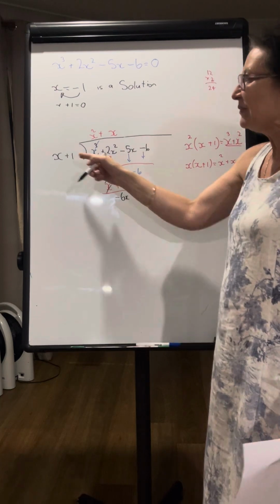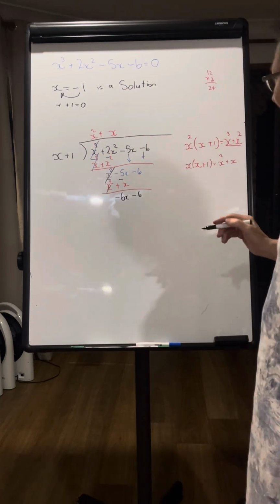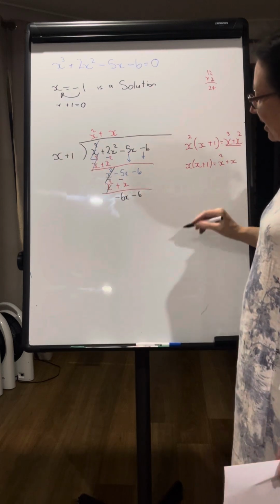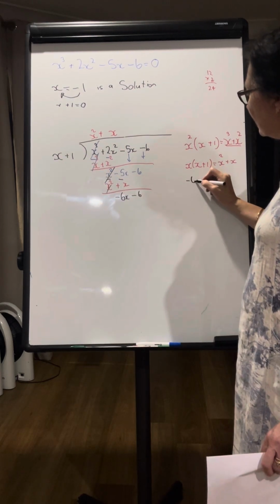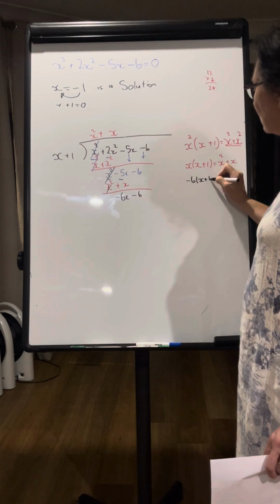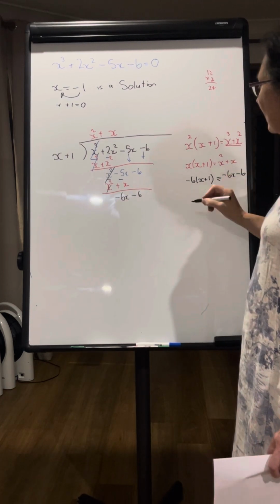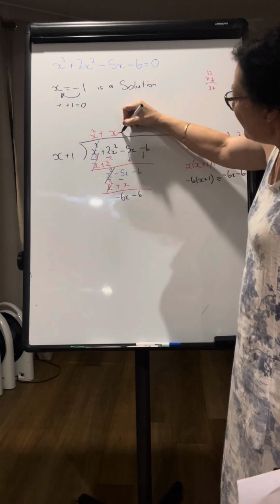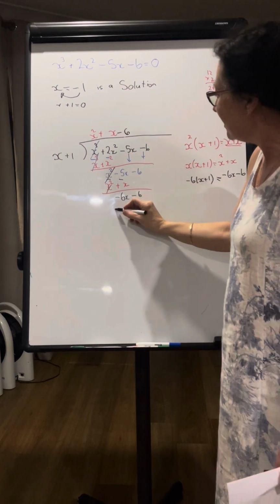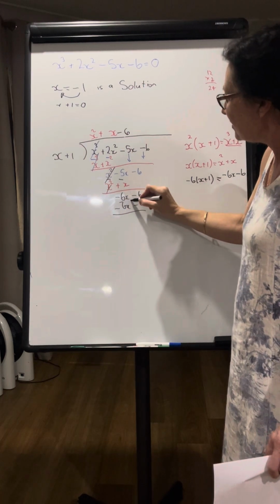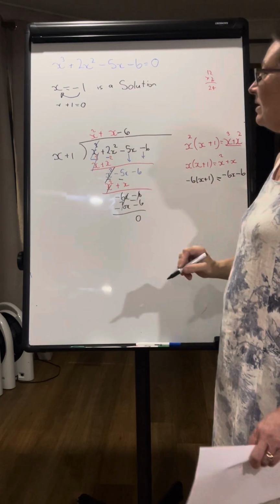Now you should get something that you can times that by and it will go away, which it will. x times what gives you minus 6x, and that's minus 6 times x plus 1 is equal to minus 6x minus 6, and look at that. Up the top I get minus 6, and then I get minus 6x minus 6. And if you do minus, minus, that cancels out into 0.